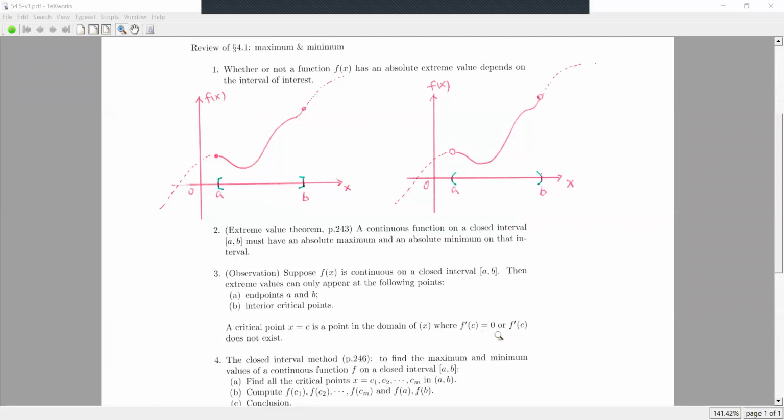If the derivative is 0, the tangent line is horizontal. If the derivative doesn't exist, the graph has a corner there. So a critical point is a point in the domain where the tangent line is horizontal or the graph has a corner. Maximum and minimum can appear at an interior critical point. Interior means inside the interval AB.